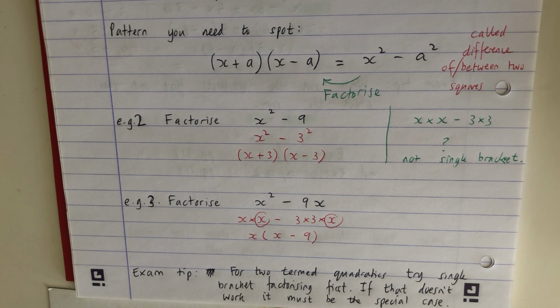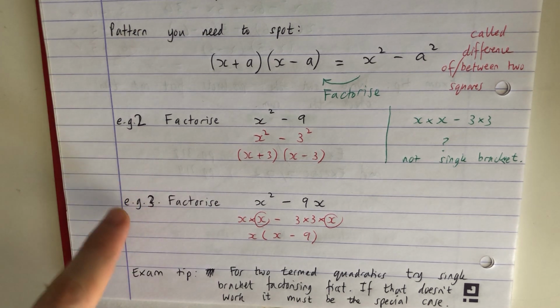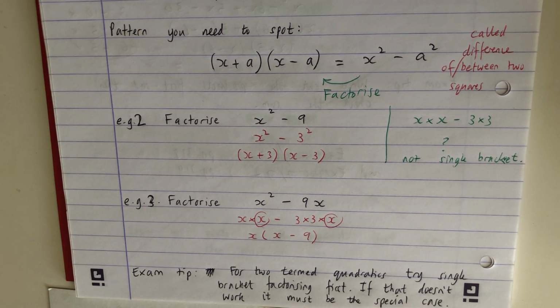Now, you guys are going to attempt some questions from the textbook, but the textbook is a mixture of EG2 and EG number 3. So you have to spot when to use which one, and so on. But the exam tip should help you with that. So that is on, let me get this right.